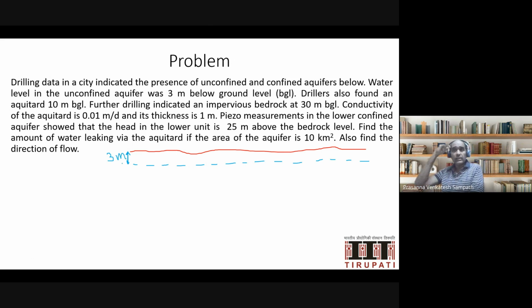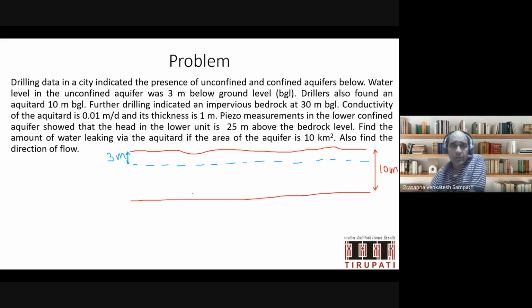Drillers also found an aquitard 10 meters below ground level. Now let me go back to the red color. So let's say it's over here. This is the top of the aquitard. Further drilling indicated an impervious bedrock at 30 meters below ground level.